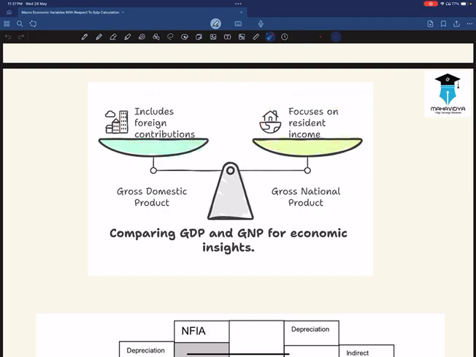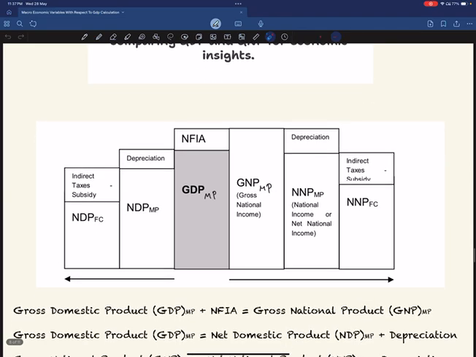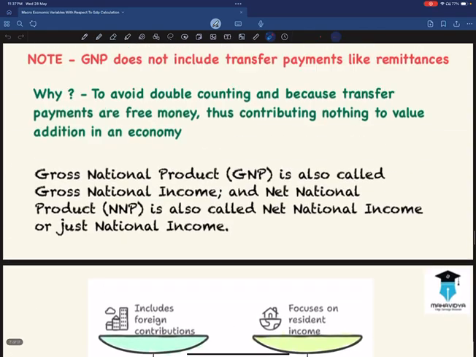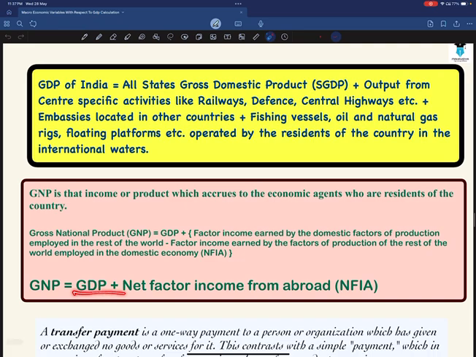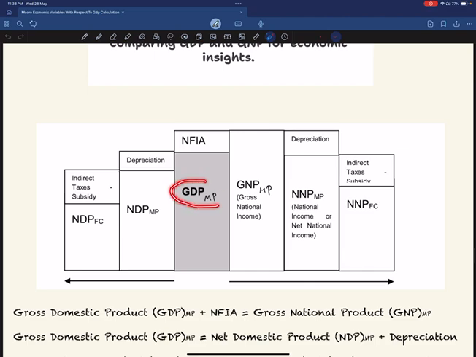So let us see some macroeconomic variables associated with GDP and GNP. GDP, as you have seen, MP means market prices, and FC is factor cost. As you have seen in the above equation, GDP plus net factor income from abroad is equal to GNP.